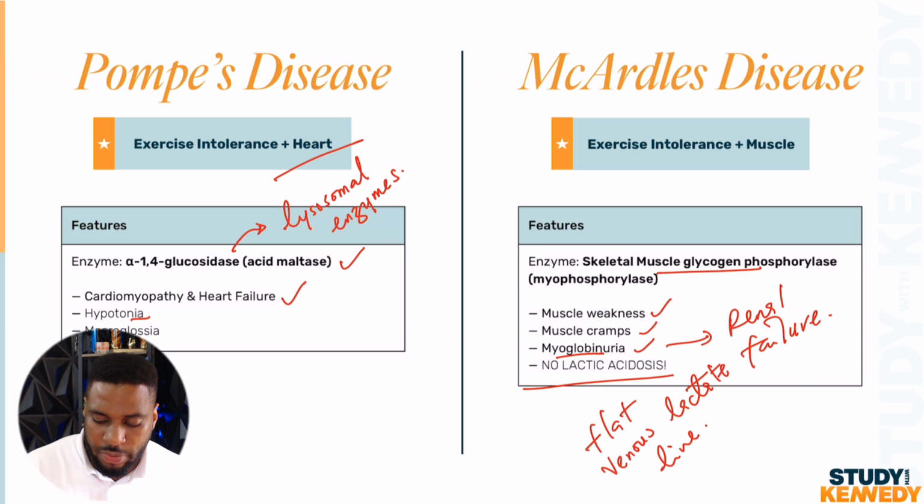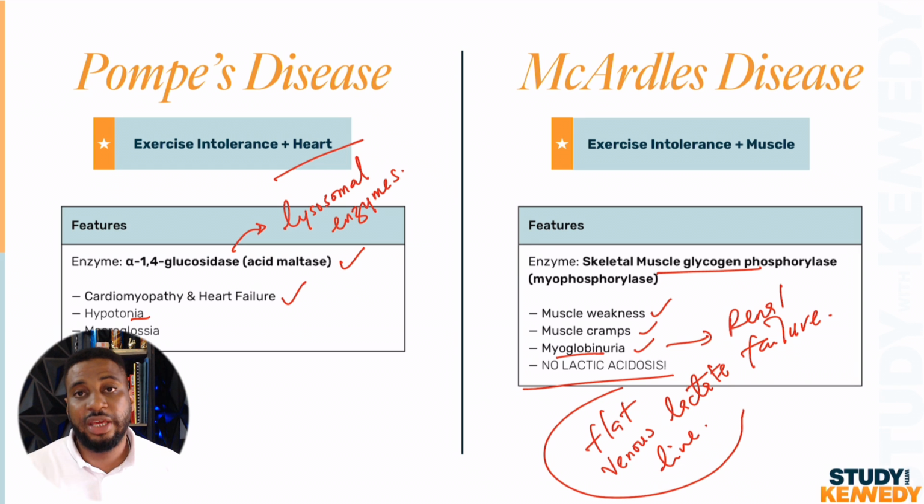I've had a student ask me, what does that even mean? It's in your First Aid, I think. A flat venous lactate line basically means that the lactate levels don't change. So when you look at their lactate levels, they do not go up and down to indicate hypoglycemia or no hypoglycemia. Their lactic acid levels are constant. You want to remember that for McArdle's disease.